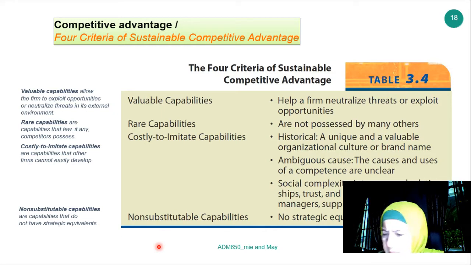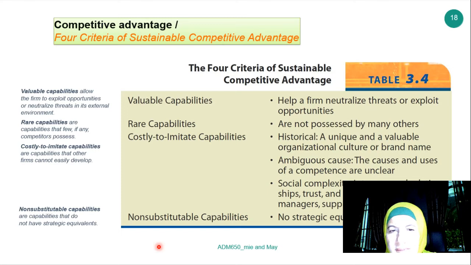Perhaps Malaysia Airline System. Although you have AirAsia, another second airline, it is costly to imitate the capabilities given by MAS, because of the unique personal touch provided by MAS, compared with AirAsia and other airlines in Malaysia.